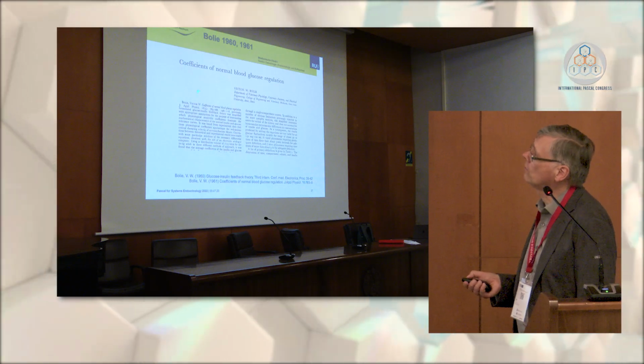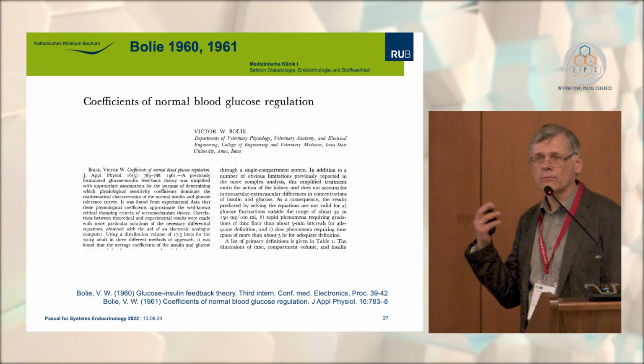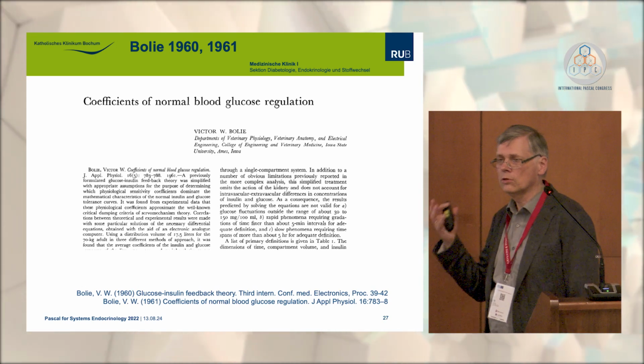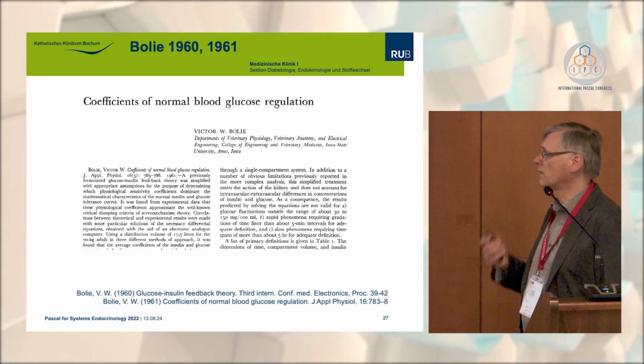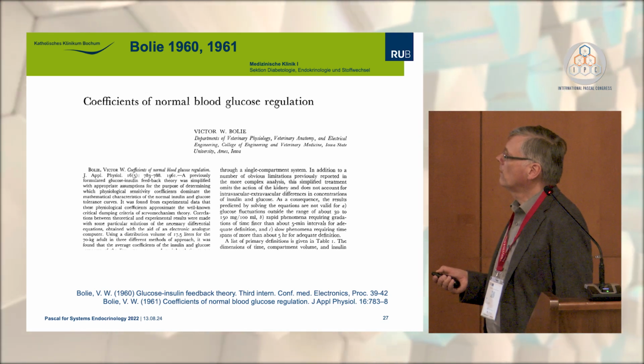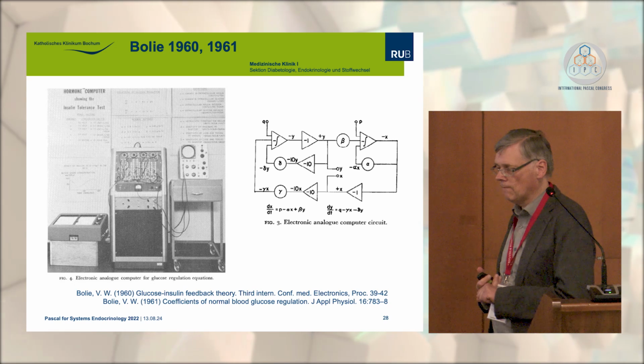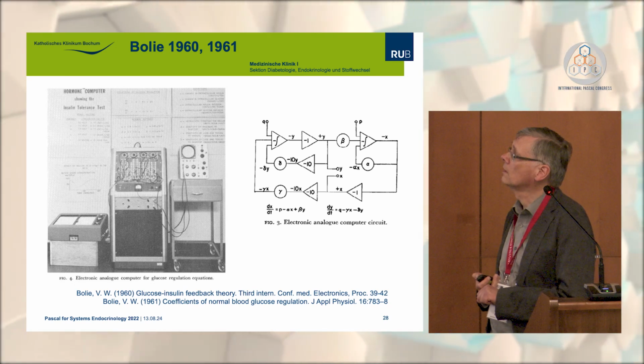Another of these earliest models is this by Victor Bowley, who tried to model insulin glucose homeostasis and to understand diabetes a bit more. He used an analog computer with these kind of amplifiers to make these simulations.